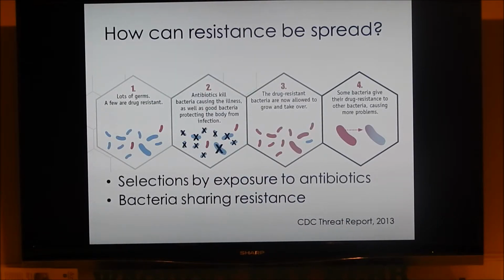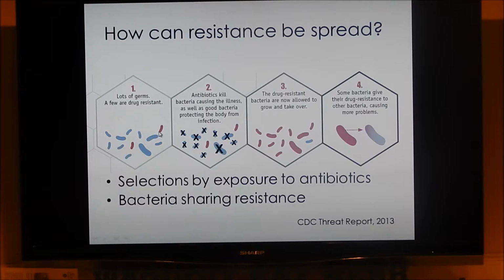Okay, so now that we know that resistance is out there, how can it get spread? This is a diagram from the CDC, showing selection of resistant bacteria by exposure to antibiotics. Here we're starting out with blue bacteria that are sensitive to antibiotics, and the purple-magenta ones that are resistant.